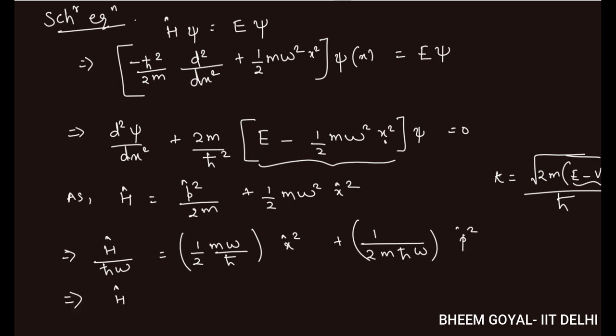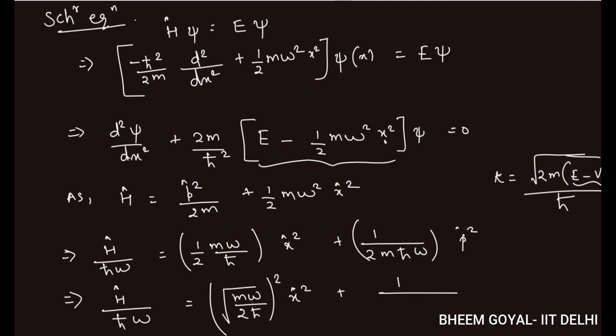Rearranging, Hamiltonian over h bar omega is equal to square root of m omega over 2h bar, squared, x squared plus 1 upon square root of 2m h bar omega, squared, p squared.